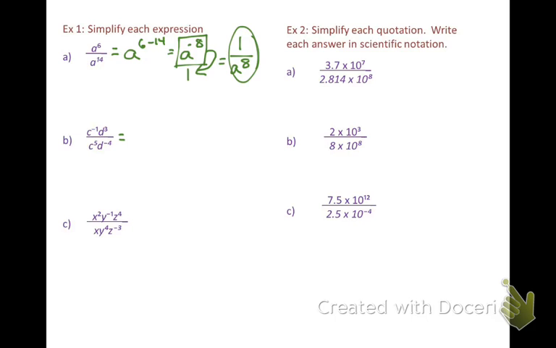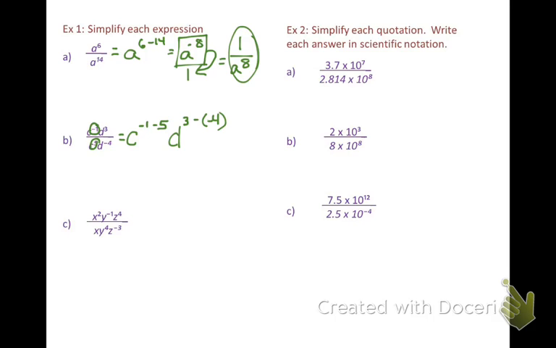Okay, B. This has two bases. You're going to start with C, and you take the top number, which is negative 1, and subtract from it the bottom number, which is 5. And then D, the top number is 3 minus negative 4. Notice I have a negative, so we have to change that in a second.